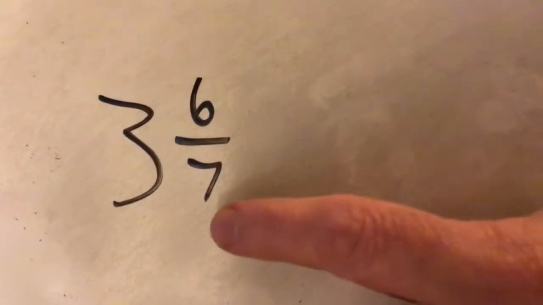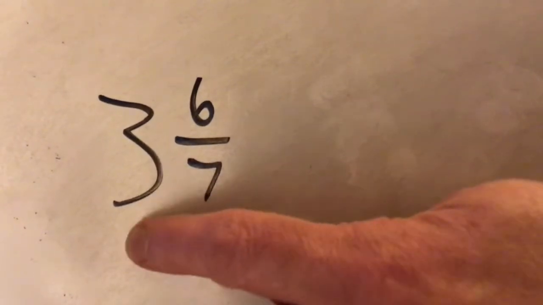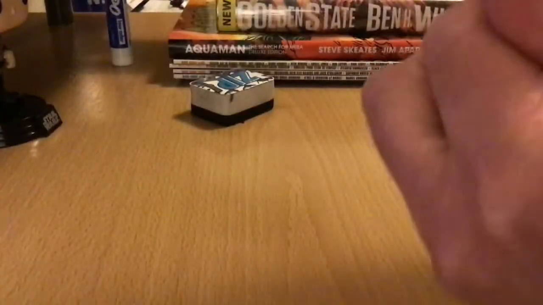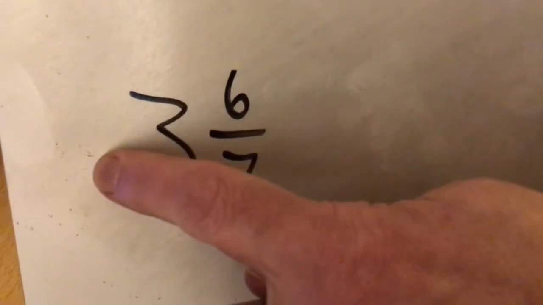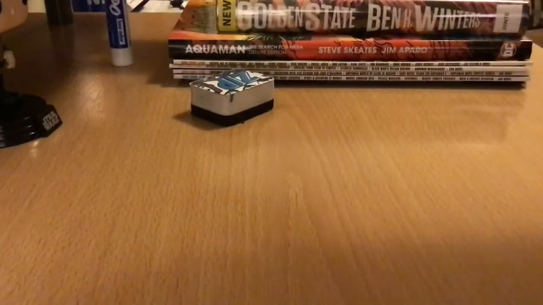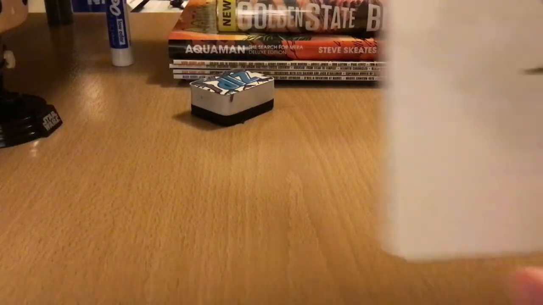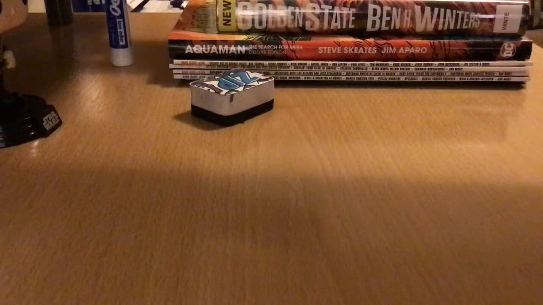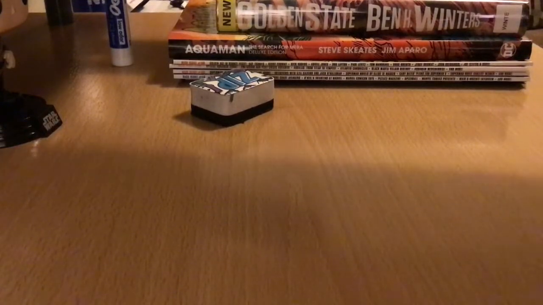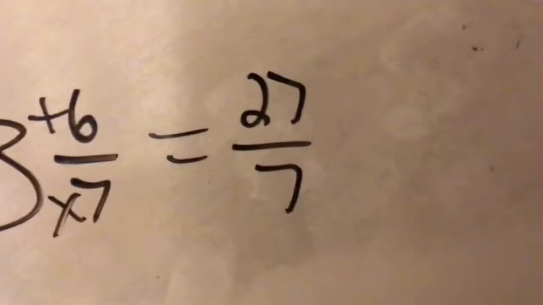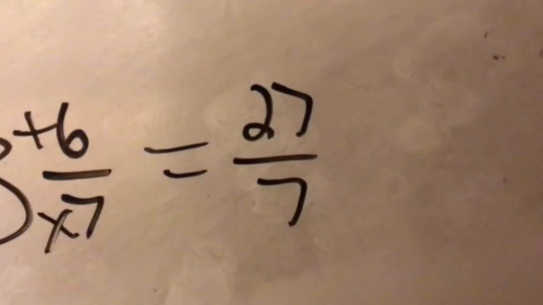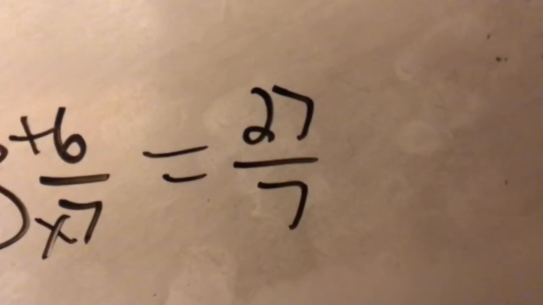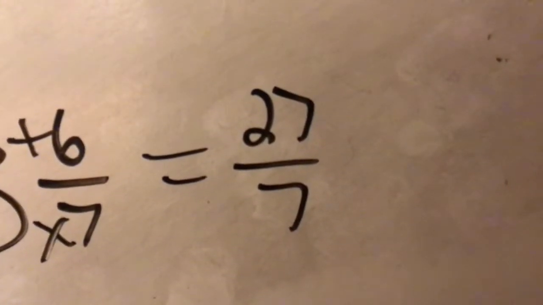So what we can do is we can take our denominator, multiply it by our whole number, which gives me 21. Then we're going to add our numerator, so plus 6, 21 plus 6 gives us 27/7. All right, and let's just double check and make sure that we did this correctly, yeah?